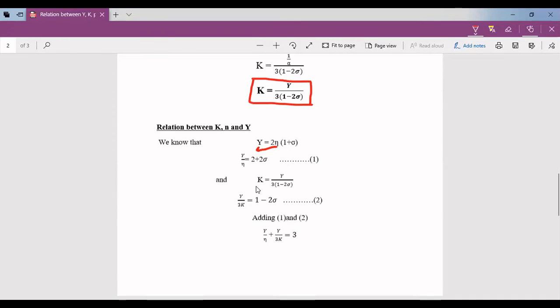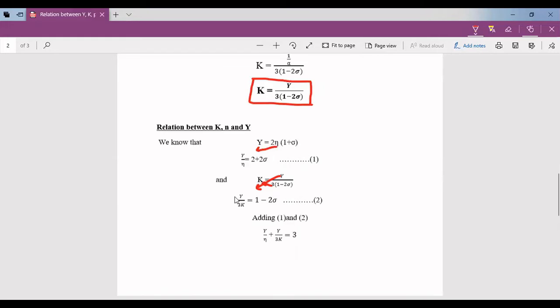And we know the relation between Young's modulus, bulk modulus and Poisson's ratio. Now rearrange this equation. K is equal to Y by 3 into 1 minus 2 sigma. Now take 3 to the left side, 3K we get, and take Y to the denominator.